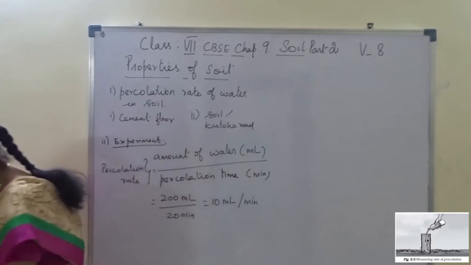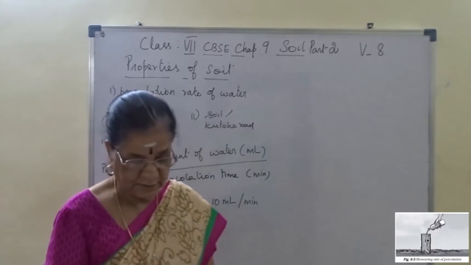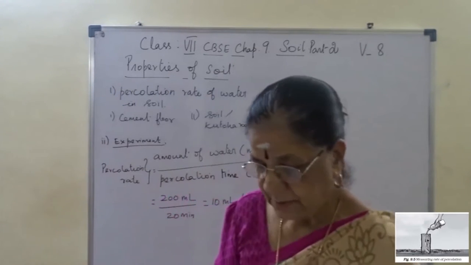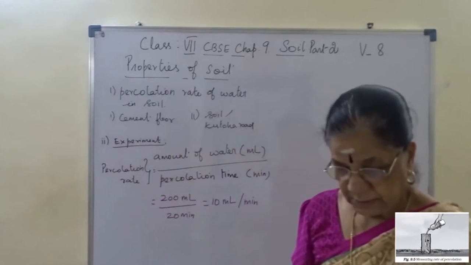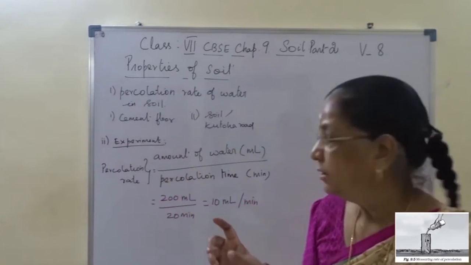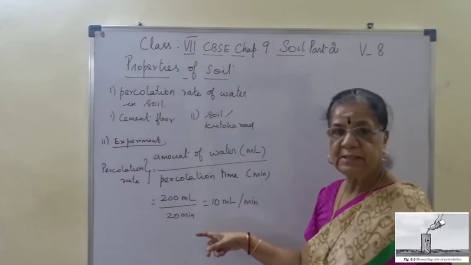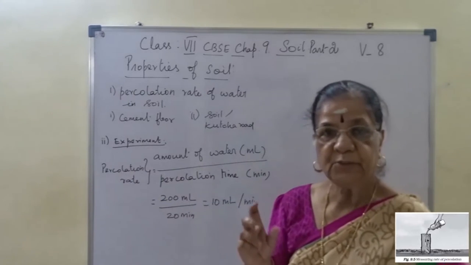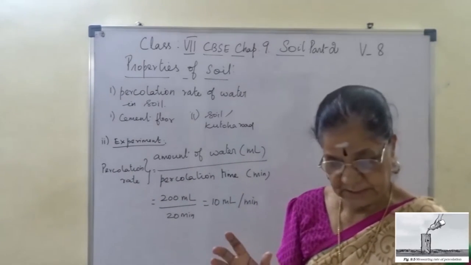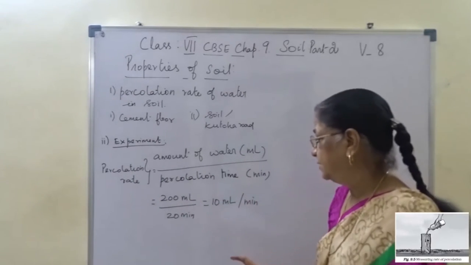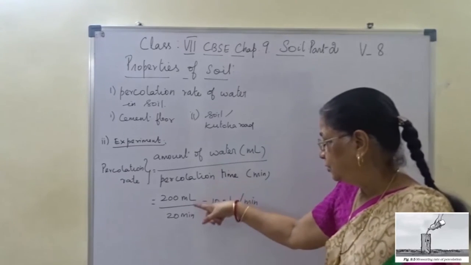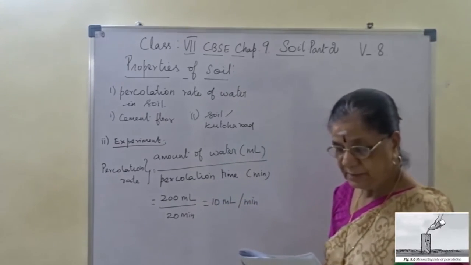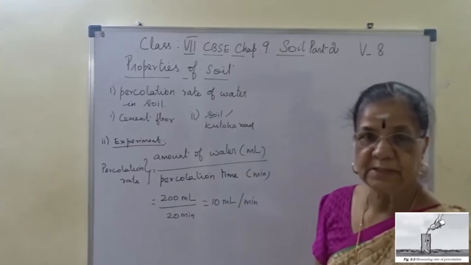For example, it took 20 minutes for 200 ml to percolate. So the rate of percolation is 200 by 20, that will be 10 ml per minute.